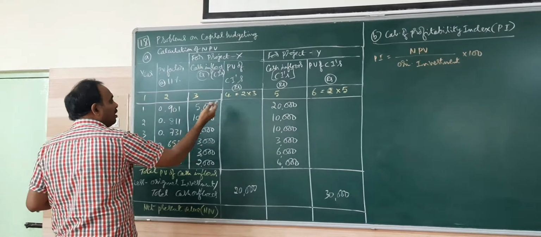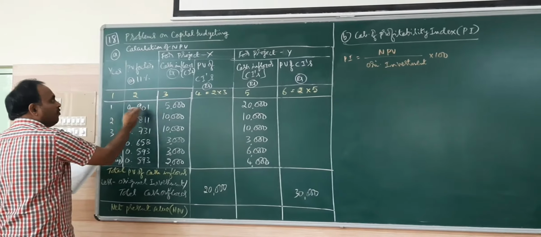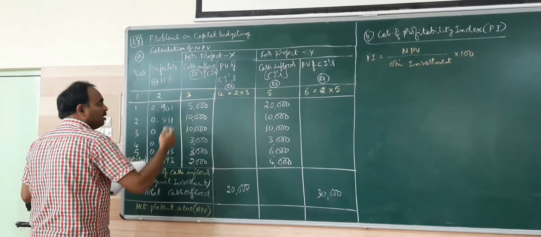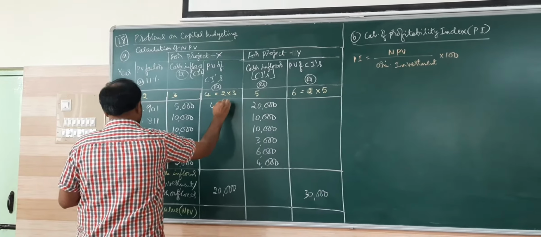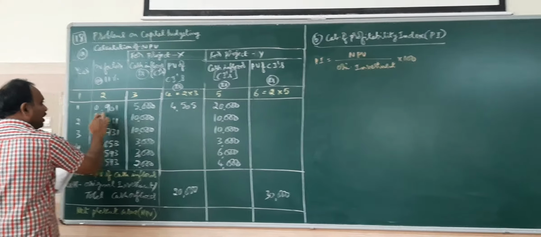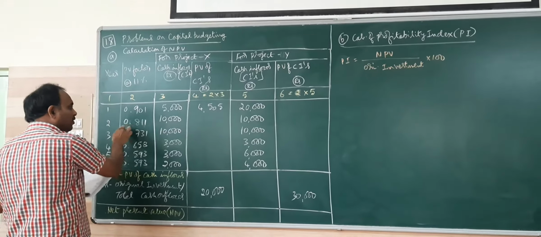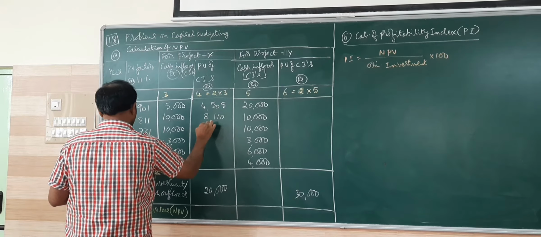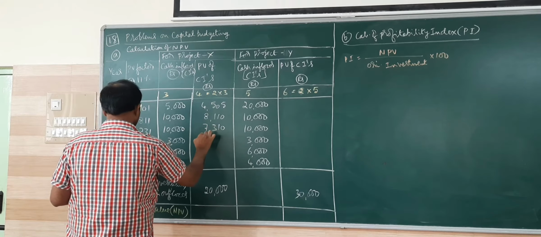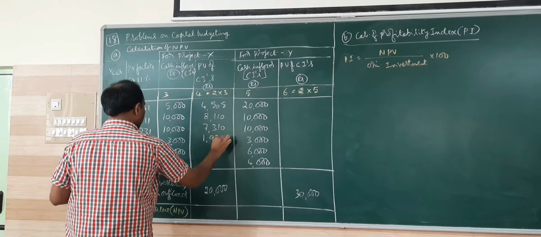So let us go as we have done earlier. Multiply the PV factor into the cash inflow to find the PV of cash inflow. So 5,000 into the PV factor, 10,000 into the PV factor, like that. Same as earlier problems, the method remains the same.